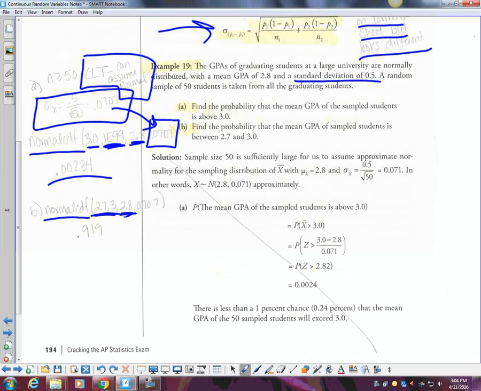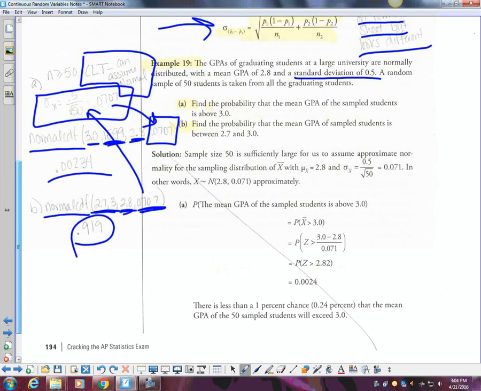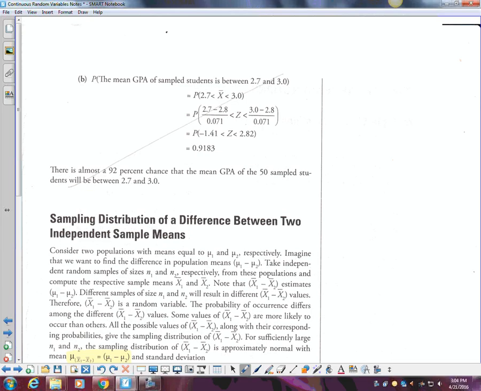The mean of my sample is the mean of the population, but the standard deviation of my sample is not the standard deviation of my population. I have to use my formula. So 91.9%, that's pretty good. 92% of the sampled students have a mean GPA between 2.7 and 3.0. Pretty good.